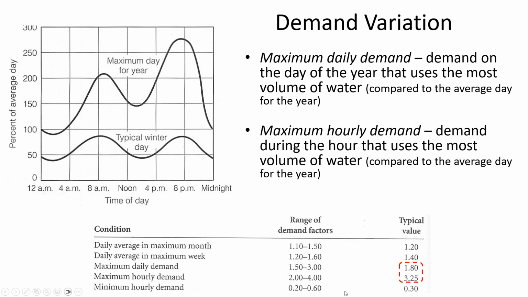And what you should use for this project is assuming that the maximum daily demand is 1.8 times the average daily demand, and then the maximum hourly demand is 3.25 times the average daily demand.